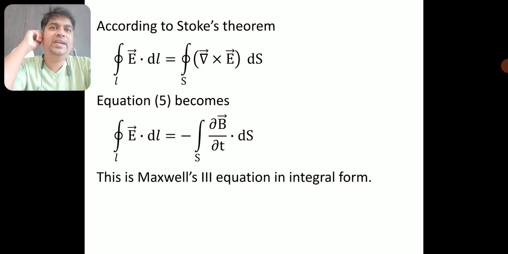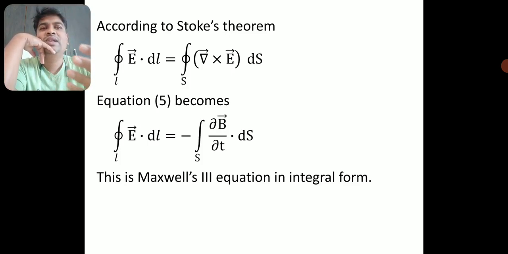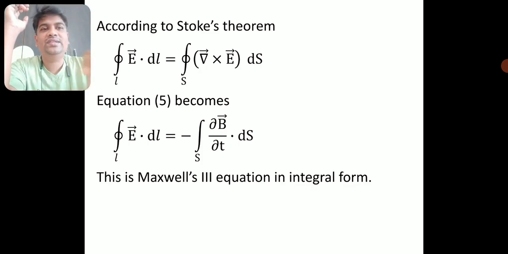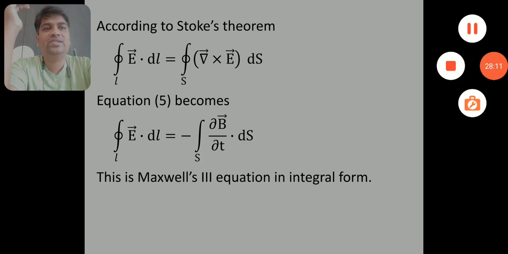Now again I am applying Stokes theorem: line integral of E dot dl is equal to surface integral of curl of E dot ds. So equation 5 becomes, instead of surface integral, a line integral according to Stokes theorem: line integral of E dot dl is equal to minus surface integral of ∂B/∂t dot ds. This is the integral form of Maxwell's third equation.